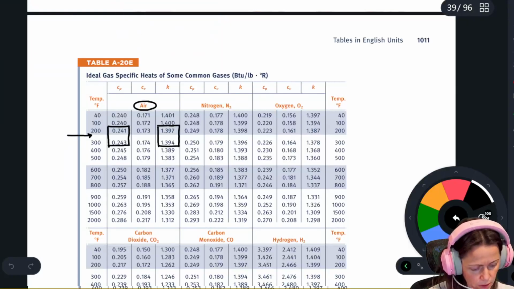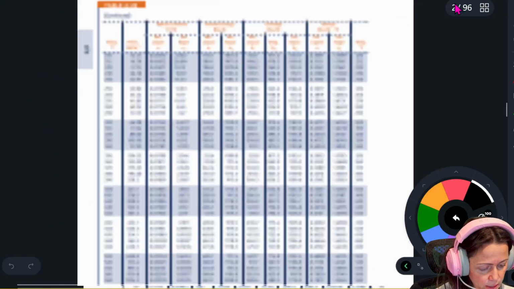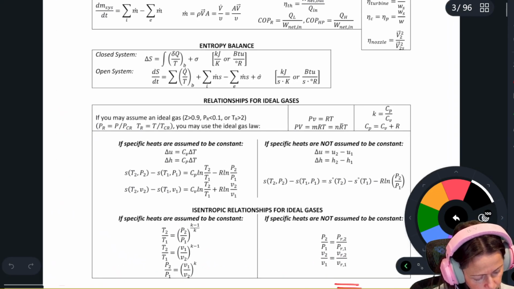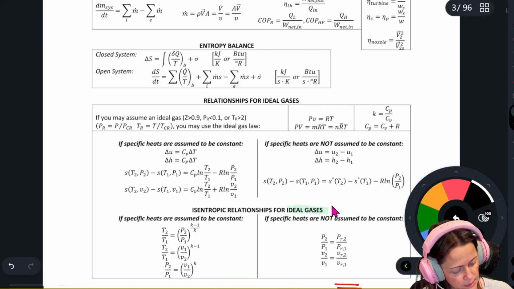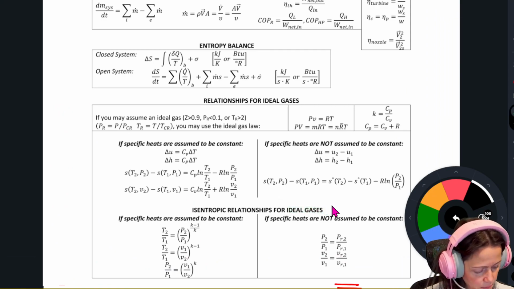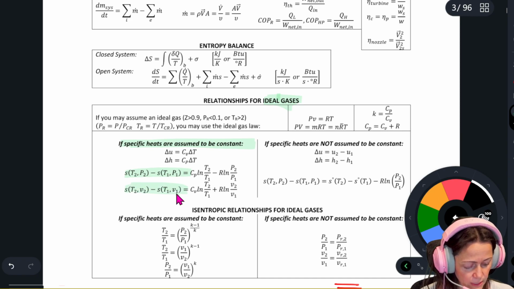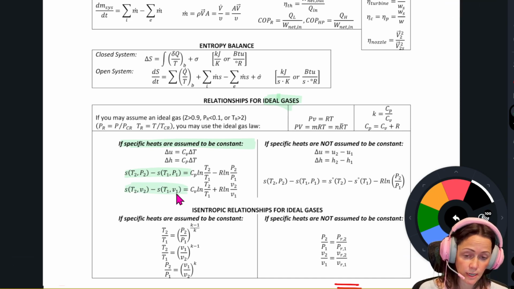So let's go look. All right, so we're right here. We have ideal gases, and here's our delta s if we assume specific heats to be constant. I've got two equations that I can use.